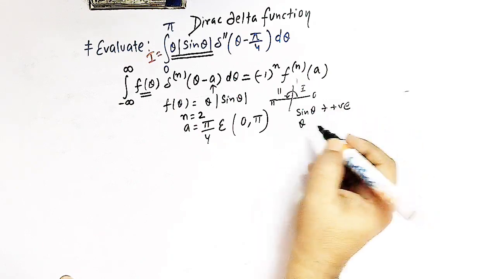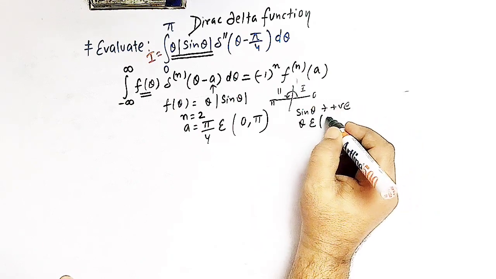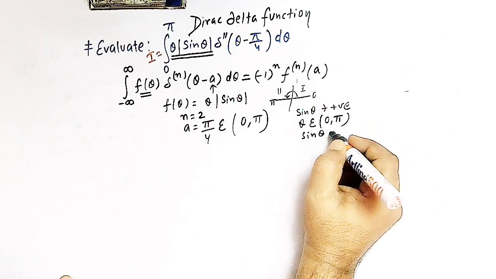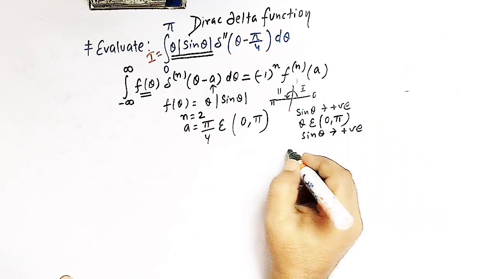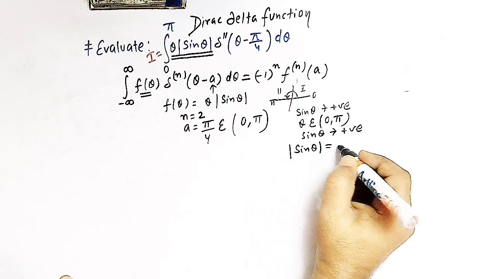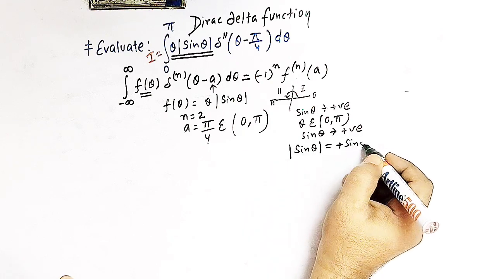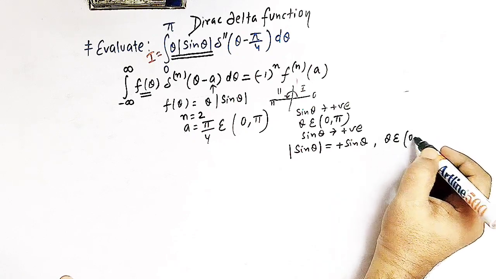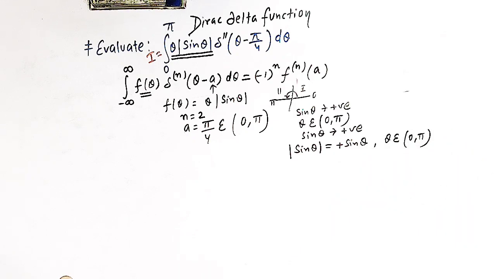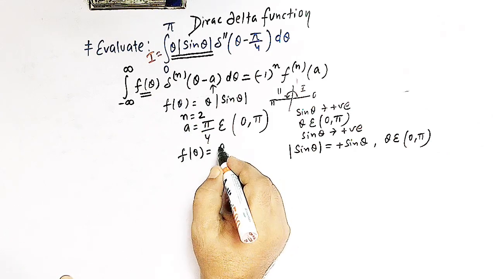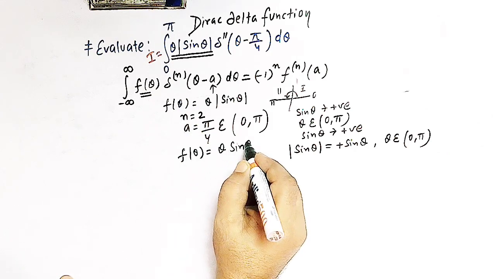So when theta belongs to the interval 0 to pi, then sine theta is positive. So we can write mod of sine theta is equal to positive sine theta when theta belongs to the interval 0 to pi, right? So f of theta now takes the form theta sine theta.